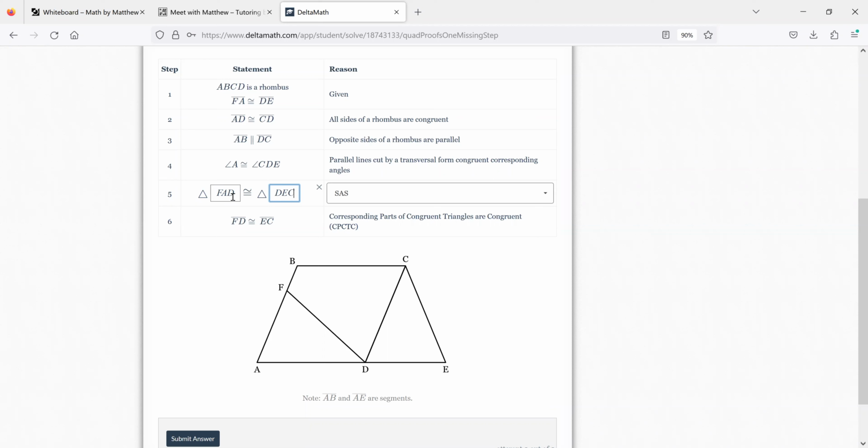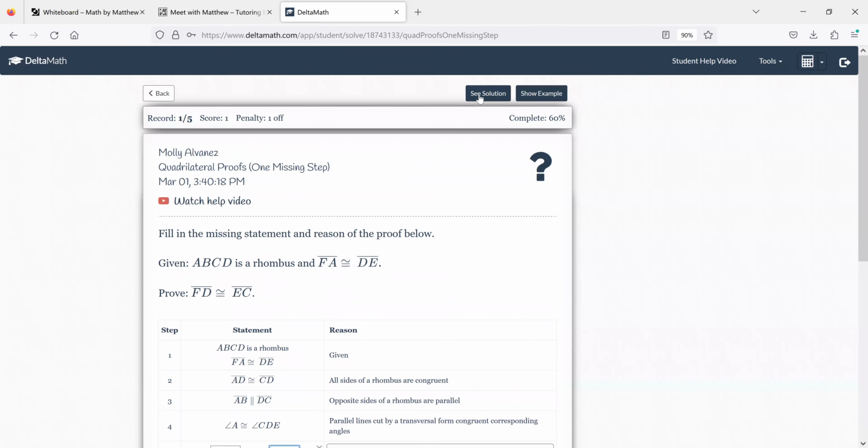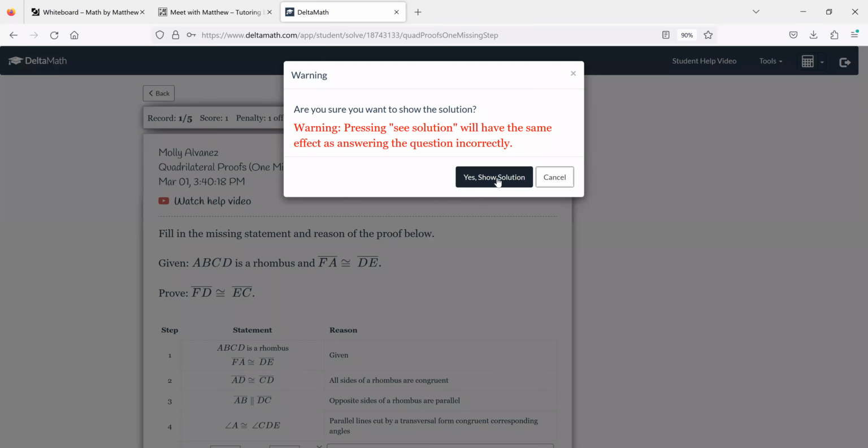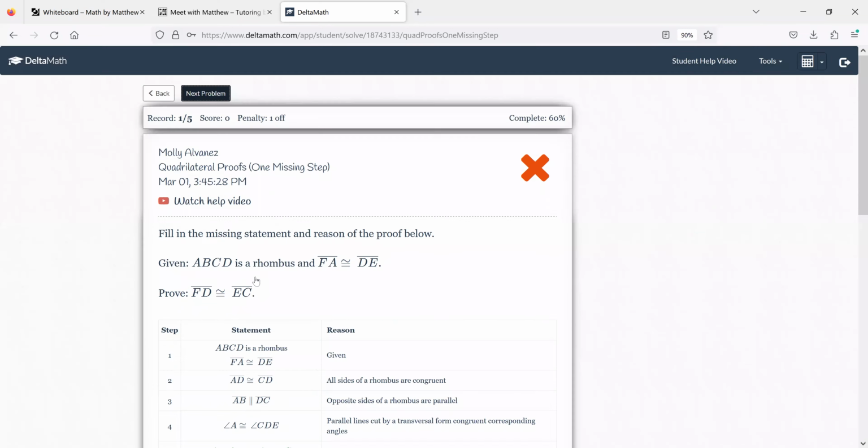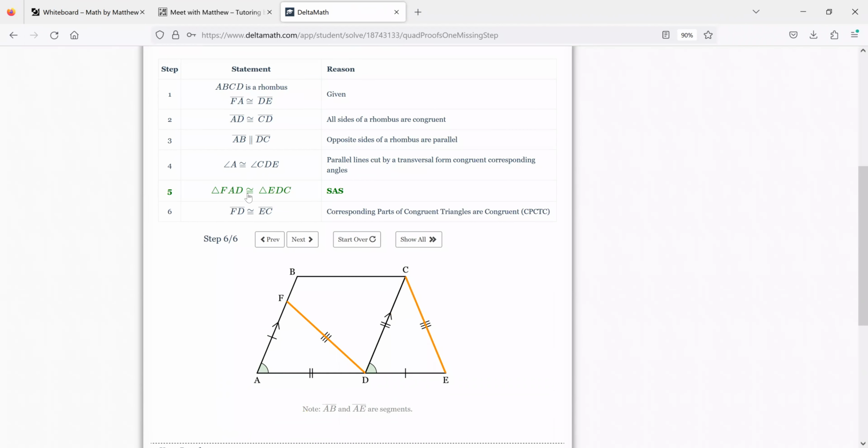I'm trying to not mess this one up, but I'm really struggling here because this one's rotated and flipped. And it's really hard to see. So we're just going to see the solution here. I don't know if you can see it, but A and A are there.